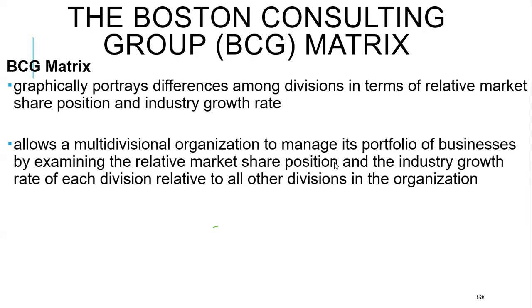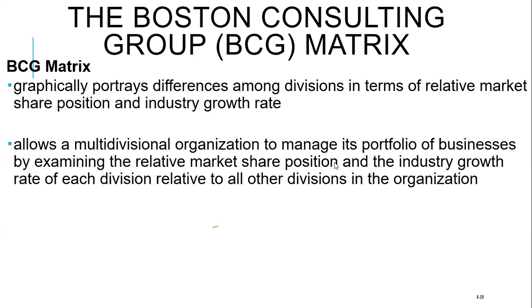In fact, it does these divisions by using the industry's growth rates, the degree to which the firm is growing in a given industry or market, and the relative market position that the firm has.